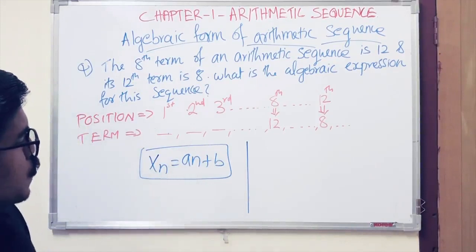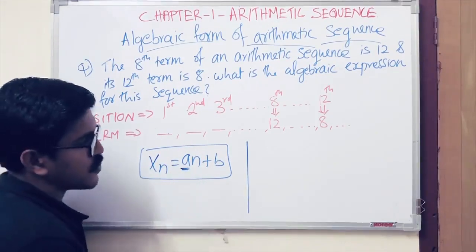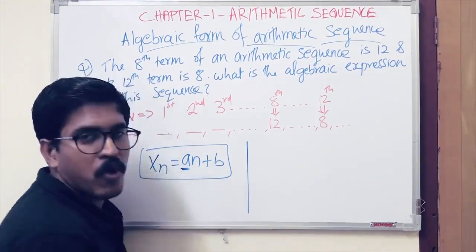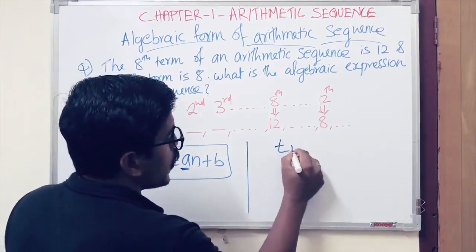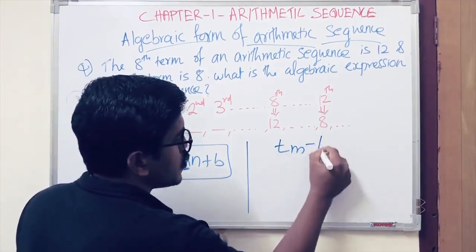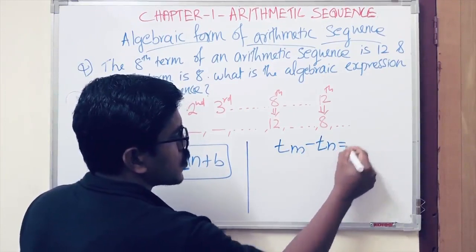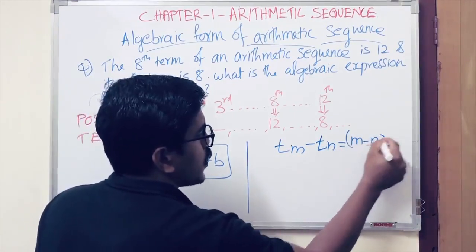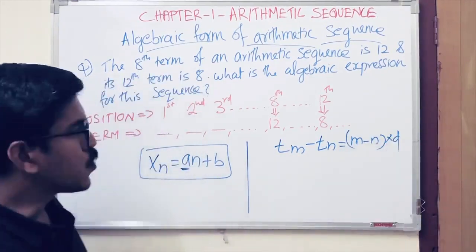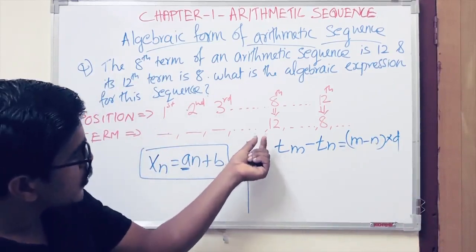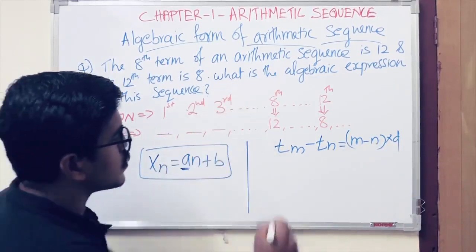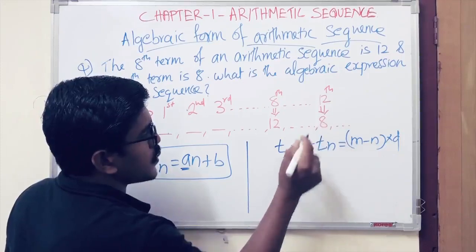So first we need to find out the common difference. How are we going to find the common difference? We can apply the equation between two terms, that is Tm minus Tn is equal to m minus n into d. It is given that the 8th term is 12 and the 12th term is 8.